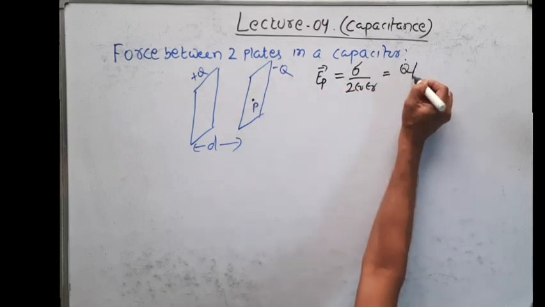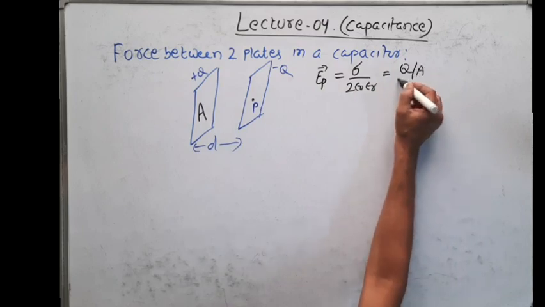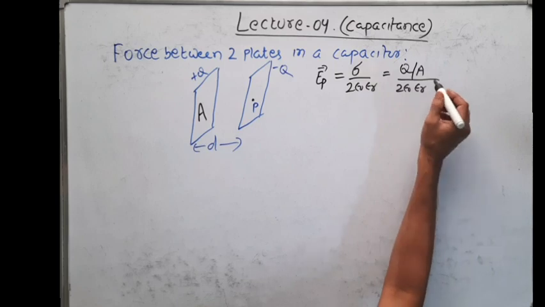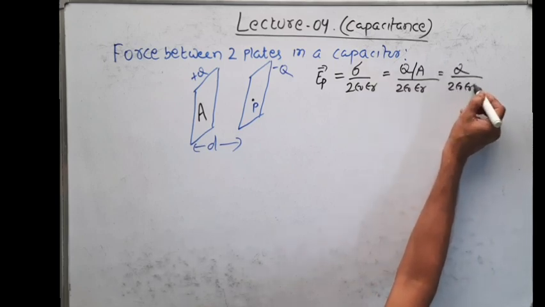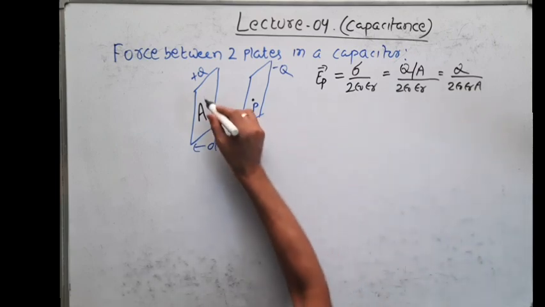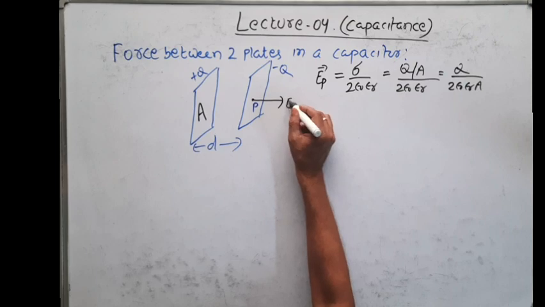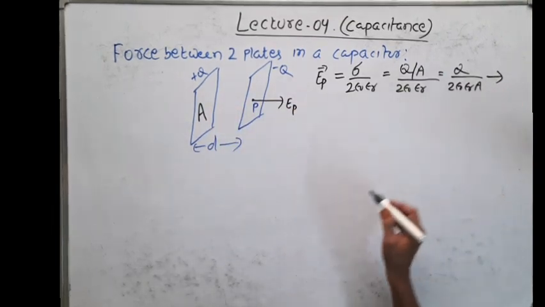If the area of the plate is A, then Q by A is sigma, so the field is sigma divided by 2 epsilon naught epsilon r, which is Q by 2 epsilon naught epsilon r into A. Since this is the positive plate, the electric field is away from the positive charge plate. This is the direction of the electric field intensity.